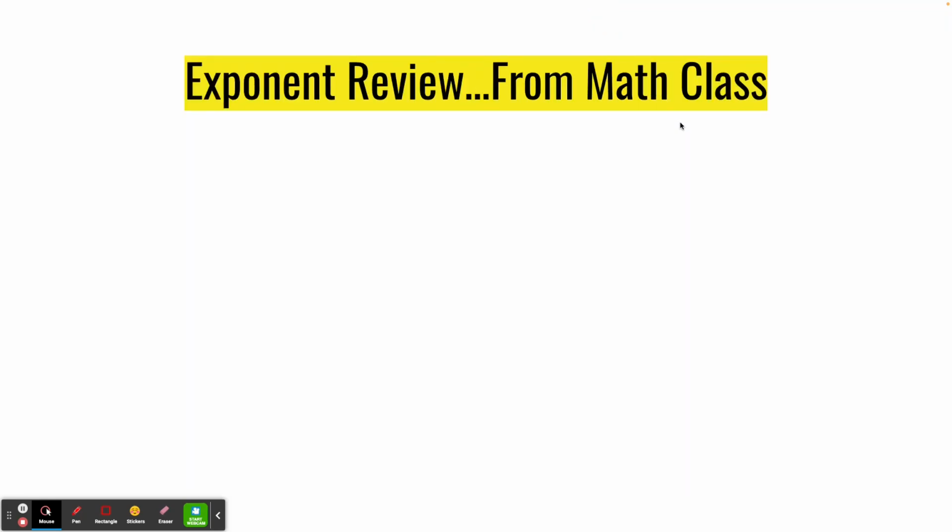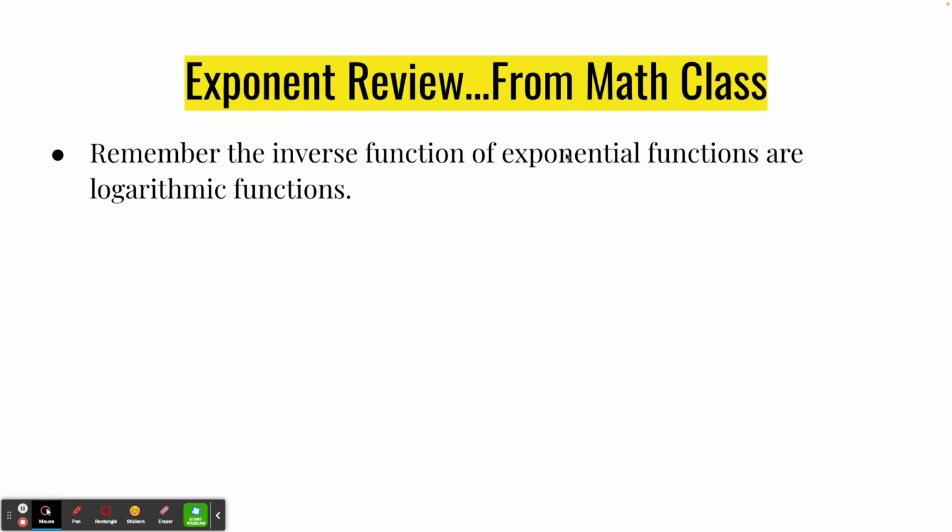So guys, obviously you saw from the previous slide, when we're writing rate laws, we're going to be working with exponents. So I just want to review some points from math that's going to make our lives easier in chemistry. So the first thing is remember the inverse function of an exponential function is a logarithmic function.